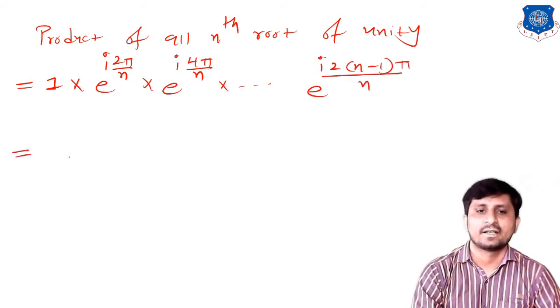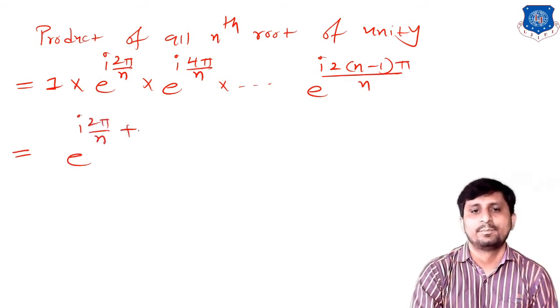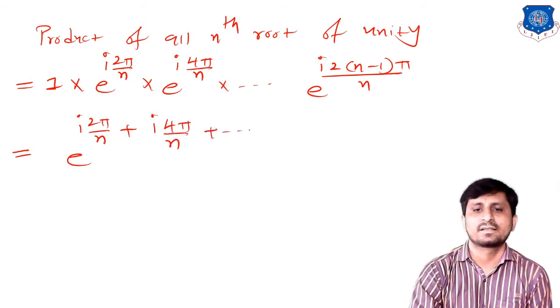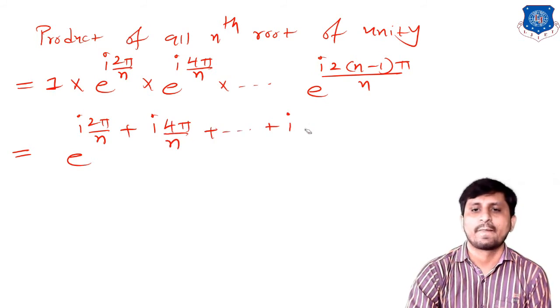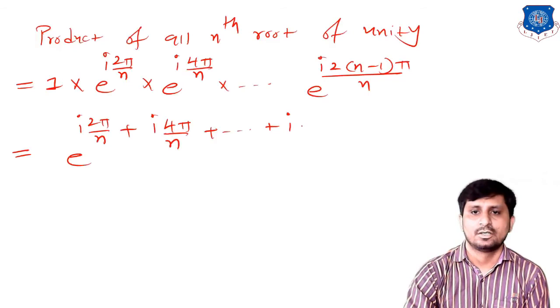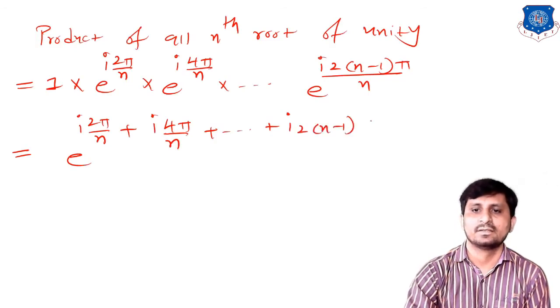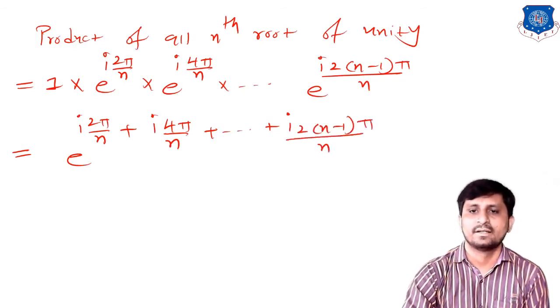So that can be written as e raised to i 2π/n plus i 4π/n plus up to i 2(n-1)π/n.